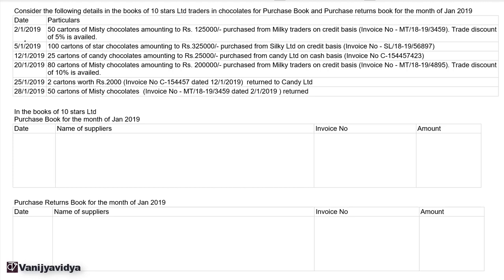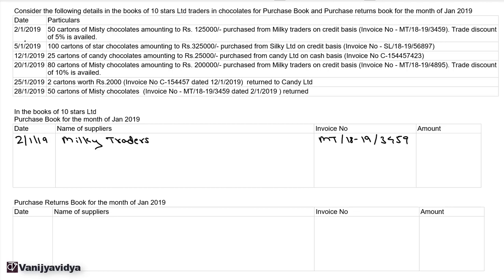So purchase book date is 2nd Jan 2019. Name of the supplier is Milky Traders. Invoice number is MT/1819/3459 and amount. Now amount has to be net amount in the invoice.